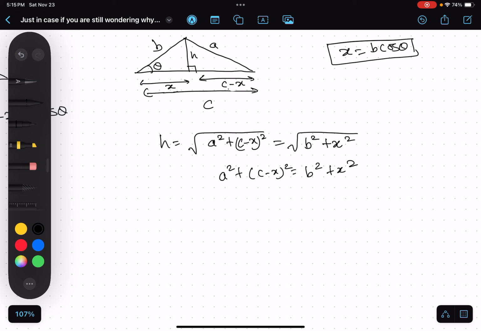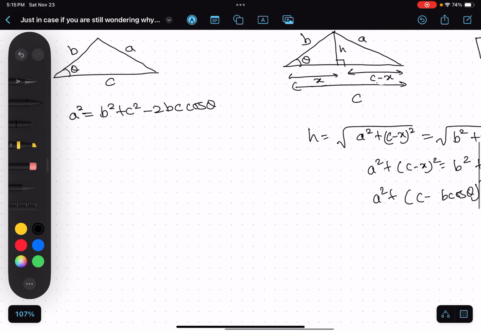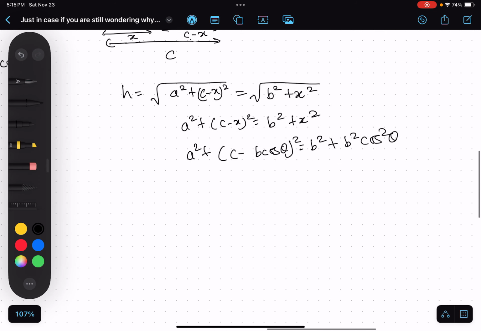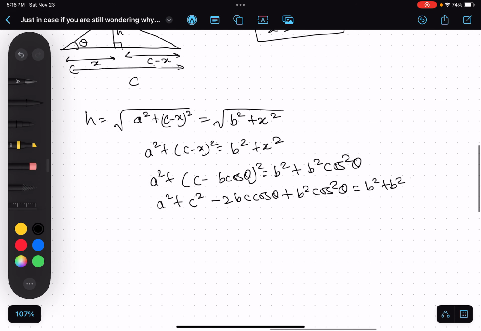And now I know that x is just b cos theta. So a square plus c minus b cos theta square is equal to b square plus b square cos square theta. Now since this expression is only in terms of a, b and c, definitely we will get the required expression. I'm pretty sure about that. So let's still do it. This is a square plus c square minus 2bc cos theta plus b square cos square theta is equal to b square plus b square cos square theta.